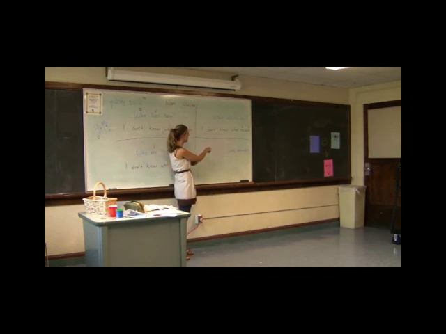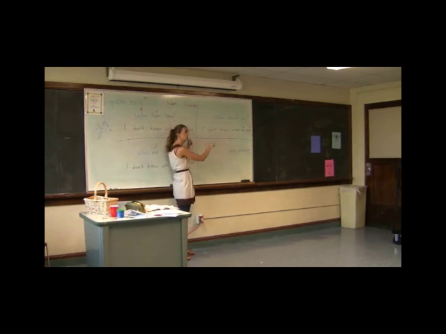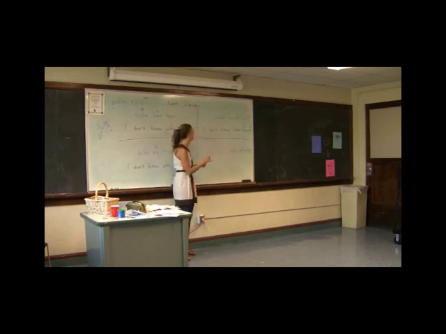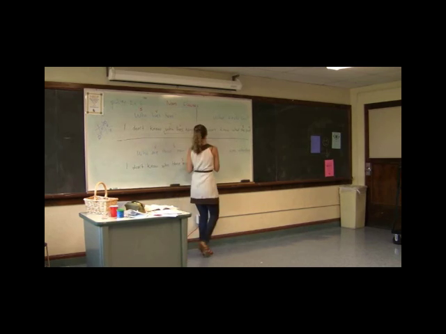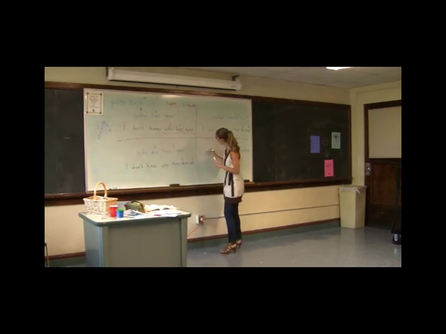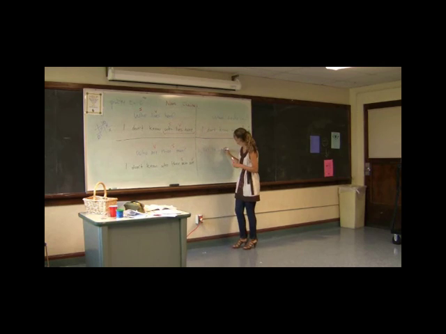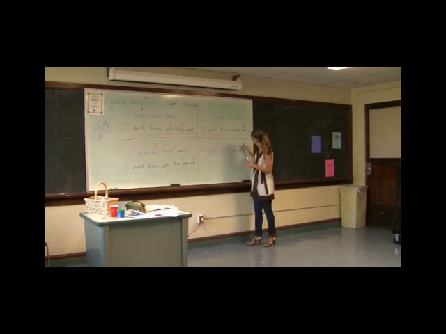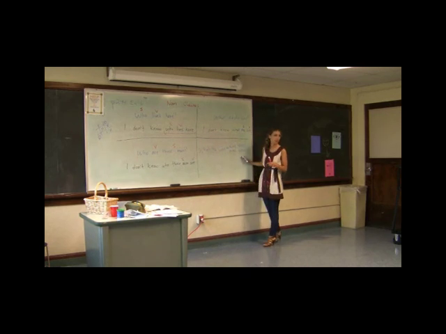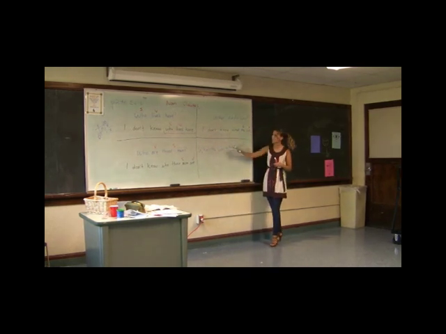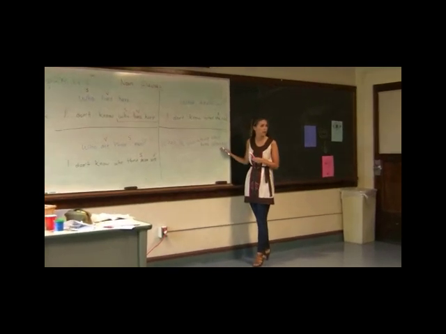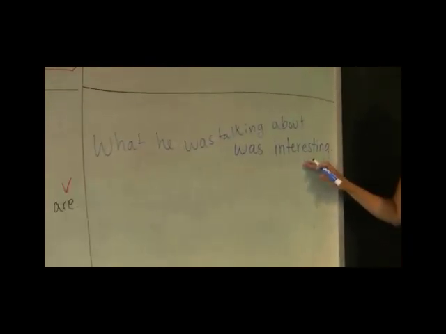Well, you did 2 separate sentences, Sultan. But if we want to keep the same noun clause sentence structure, we can say, what he was talking about was interesting. This is a little bit different. We're starting with the noun clause, and then we're ending with something else.